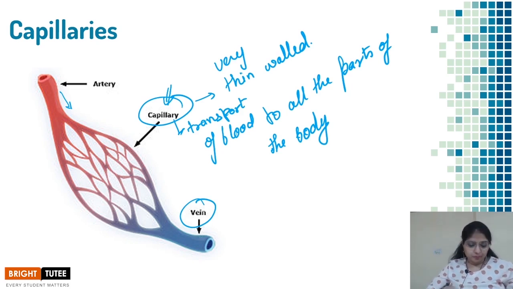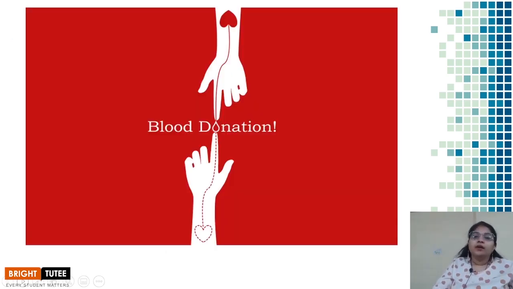Now let's talk about another important aspect, that is blood donation. Why are we talking about it? Because it's a very, very important social service that a person should do. There are a lot of people dying because of the lack of blood availability.